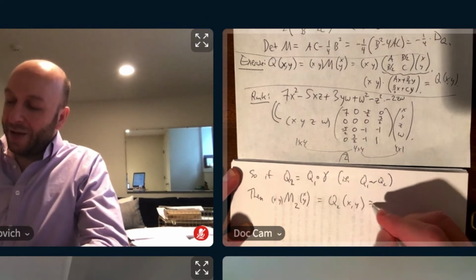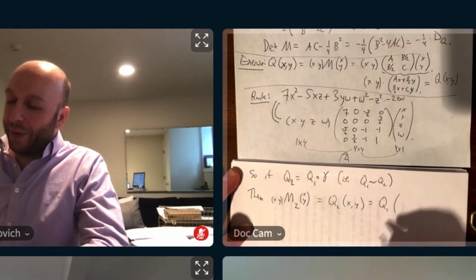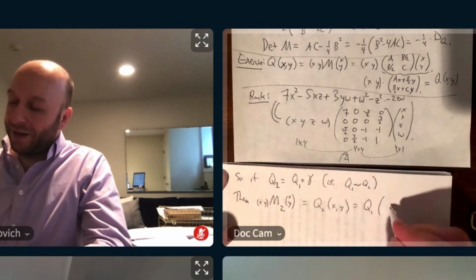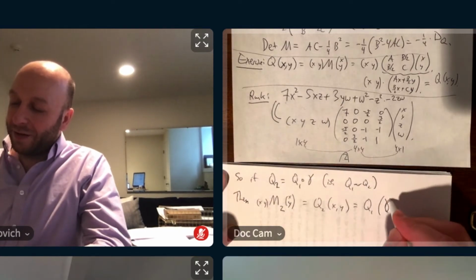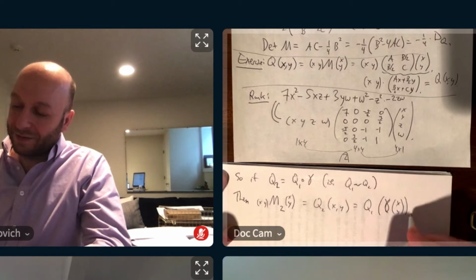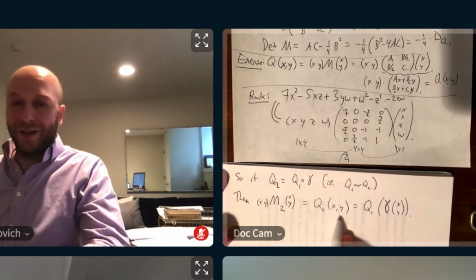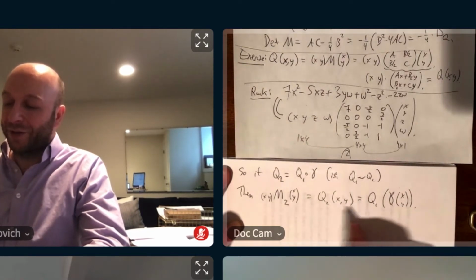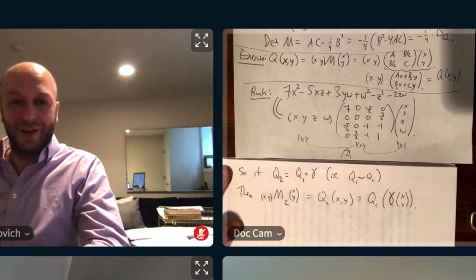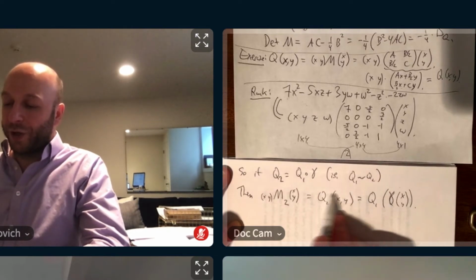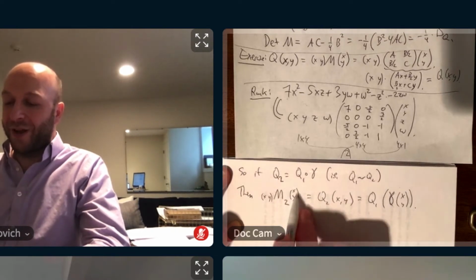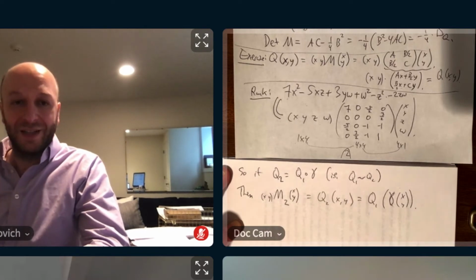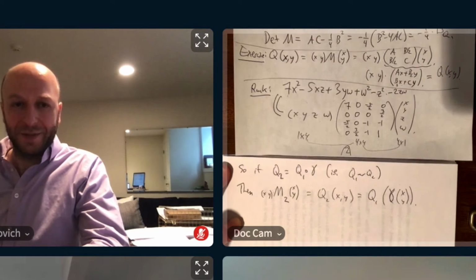And that's the same as Q1, but now I'm going to replace xy by gamma xy. I'm sort of abusing notation here. I'm writing this as a column vector so that I can act by gamma, and here I'm writing it as a row vector. So you should think of Q2 as taking xy as a column vector and putting the transpose on the other side. So that's this bilinear structure. Does that make sense?